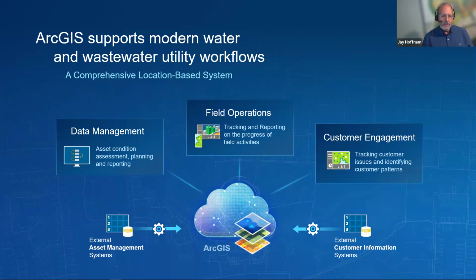So in order for all this to happen, we have to look at the data management we talked about, the field operations, what the field techs need, as well as customer engagement, the customer service reps who are on the front lines of the utility, with better tools for them to have. This enables streamlined data management workflows and monitoring and data collection in the field, and improves customer service.